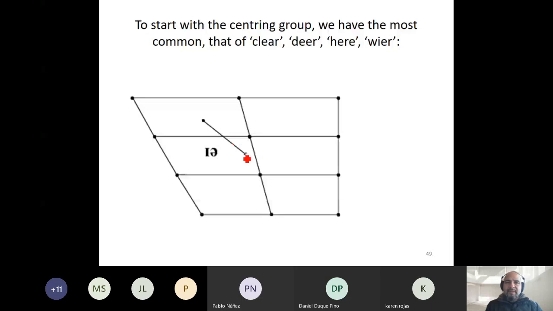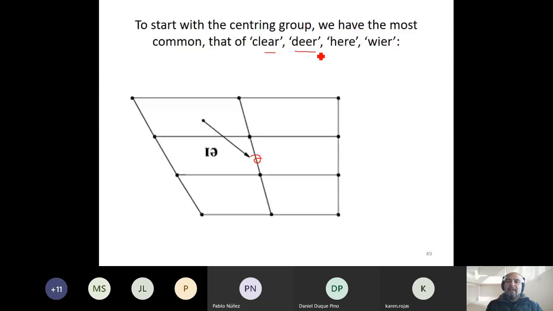The centering group has in common that they go to the center, and in the center area you can find the schwa, okay? Remember the schwa is over here. So we have ear, clear, dear, here, and we're.